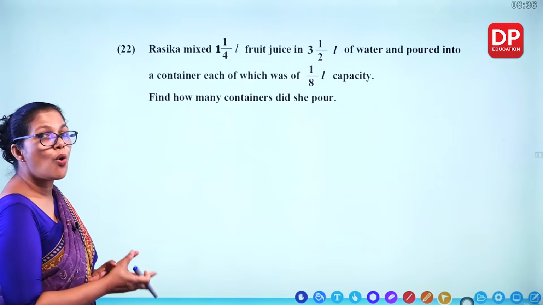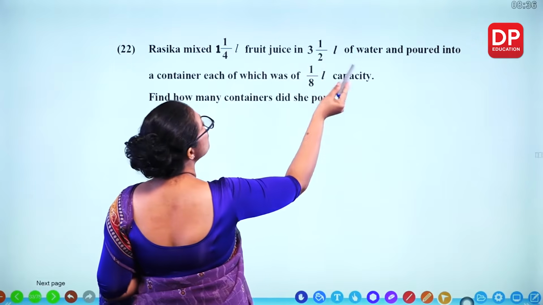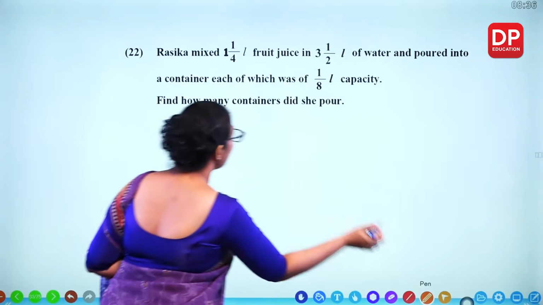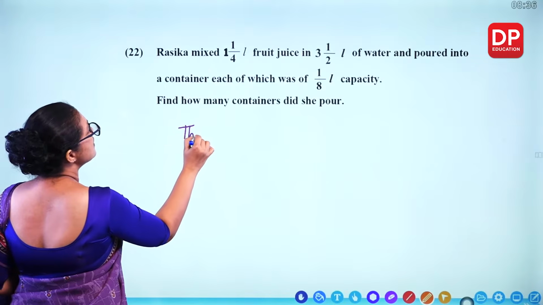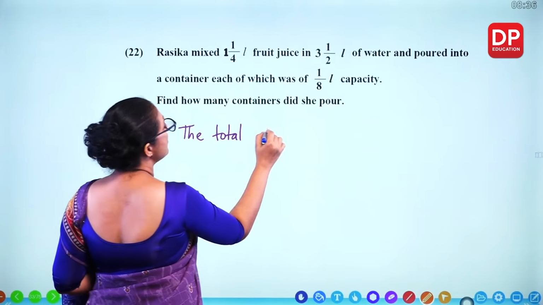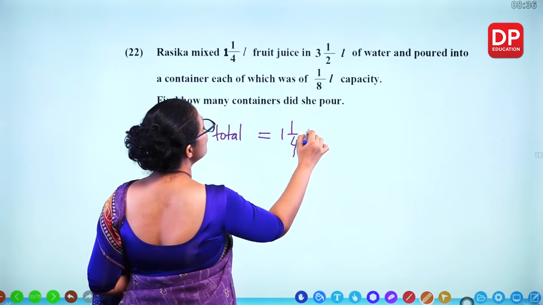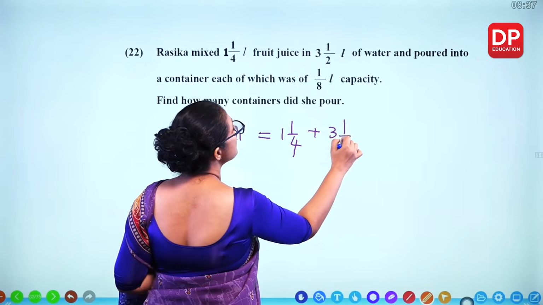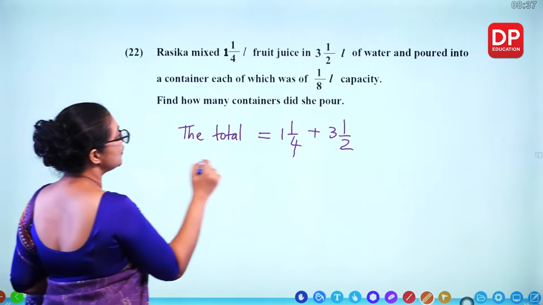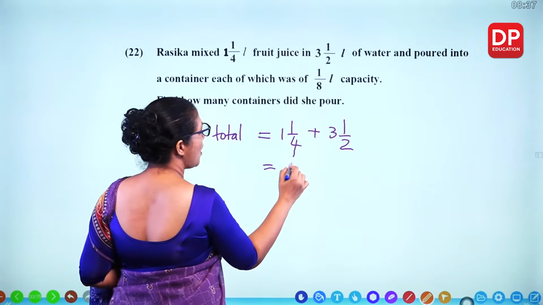So what's the total of fruit juice and water? First you need to find out the total of 1 1/4 liters of fruit juice and 3.5 liters of water. So what's the total? You get 3 plus 1, 4.